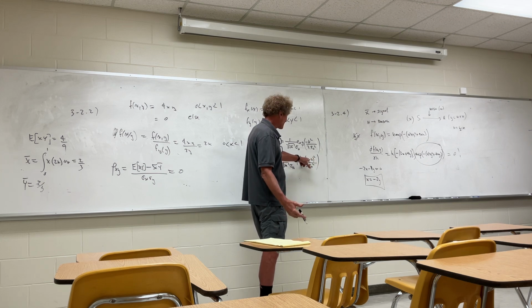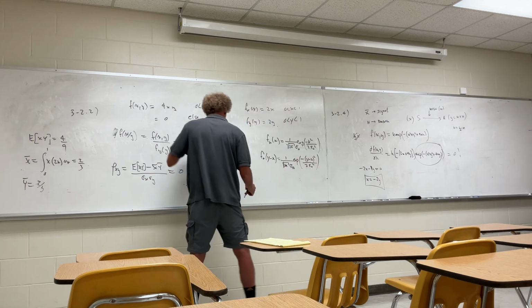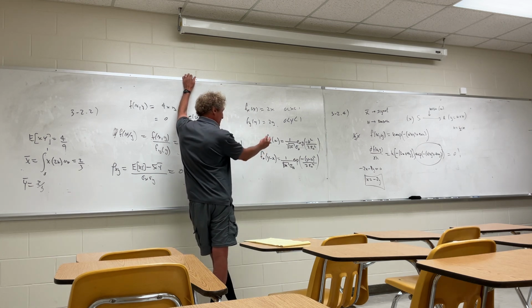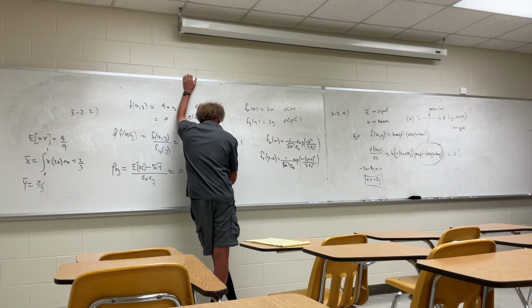And in other words, here's what's really going to be the root of this one. I'm going to use this function for f of y given x, not that function. Then when I take a derivative, I'll call it f of y minus x, with respect to x and set it equal to 0.